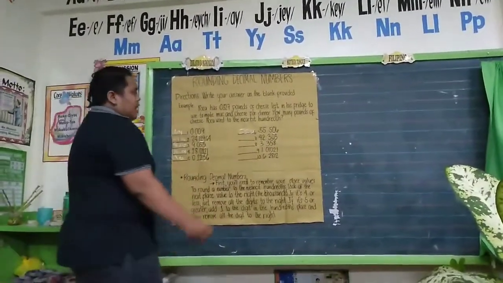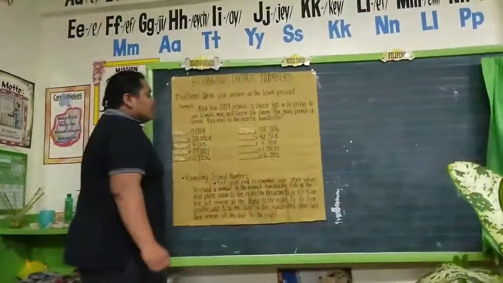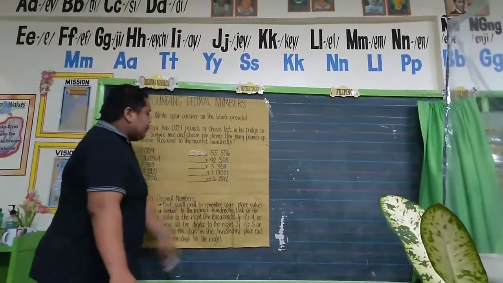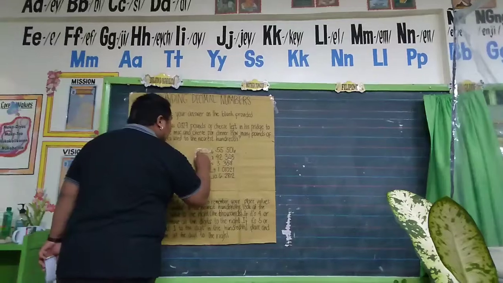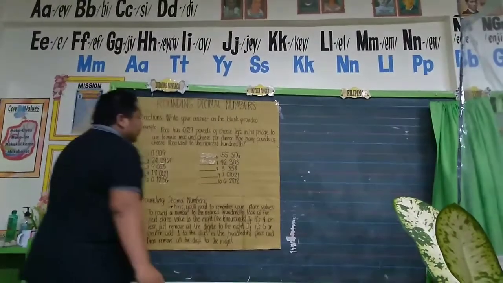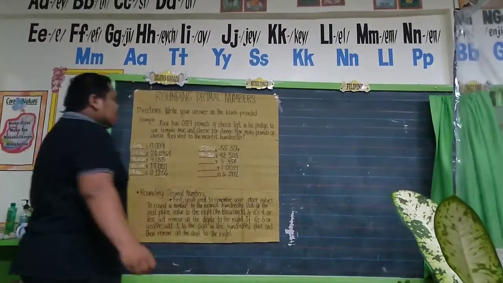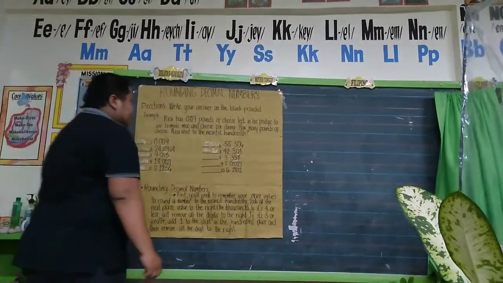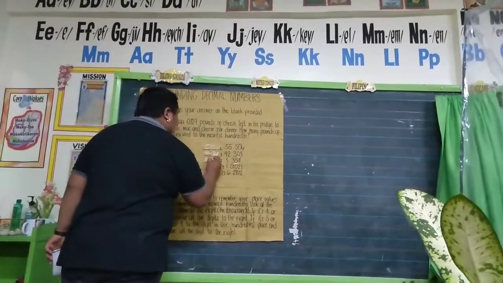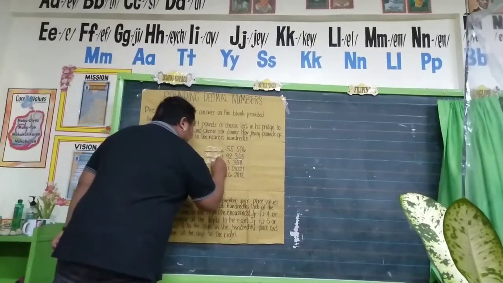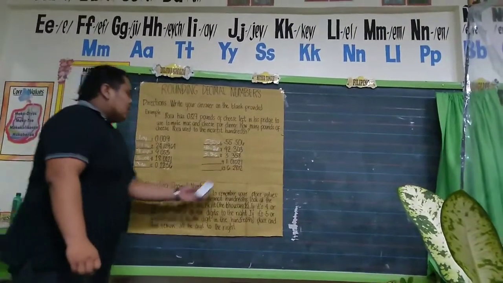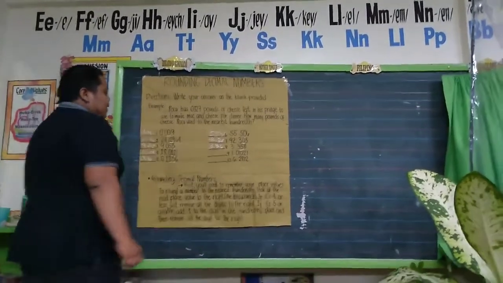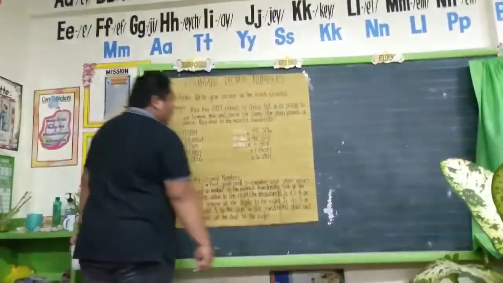Number 7, 42.303. The hundredths digit is 0. Since 3 is less than 5, the answer will be 42.30. Number 8, 3.358. The hundredths digit is 5. Since 8 is greater than 5, the answer is 3.36. Number 9, 1.01021. The hundredths digit is 1.